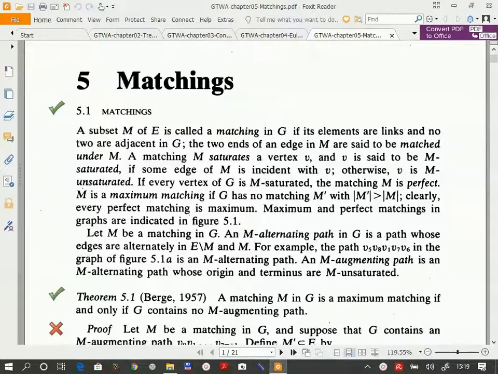Then you have other problems. For instance, you might want to have transmitters which do not interfere, so you have to choose different frequencies for different transmitters. Well, that will be covered by vertex coloring, a chapter which we will see, one of the big chapters of the course.